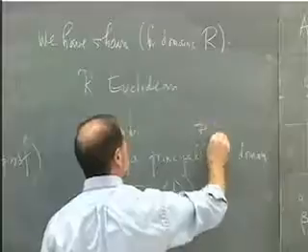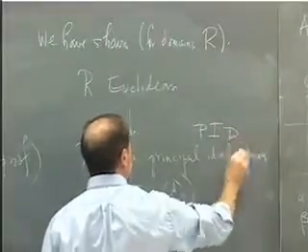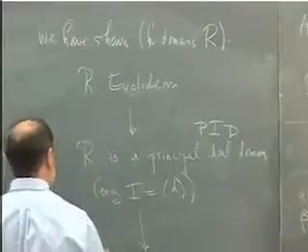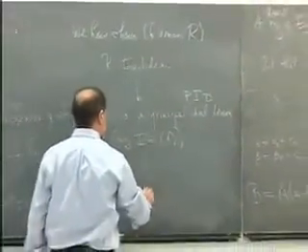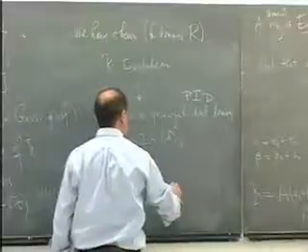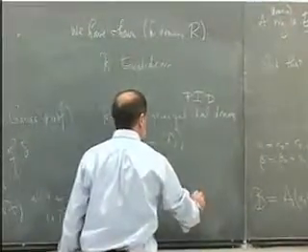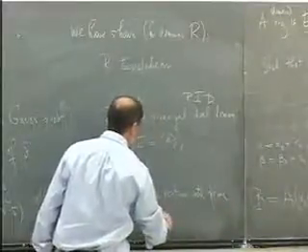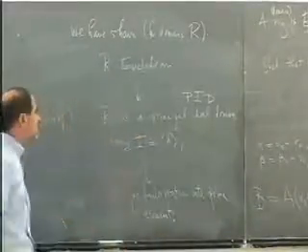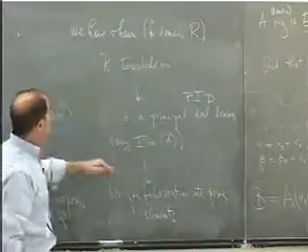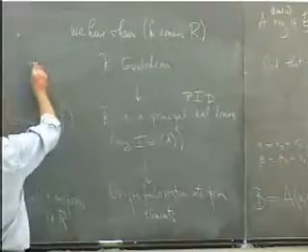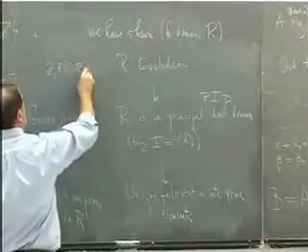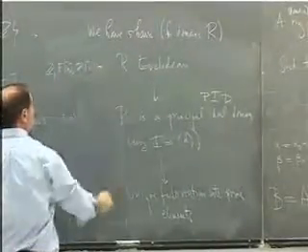Sometimes this is called a PID for short. And then that implies that you have a unique factorization into prime elements. We may have to define what prime elements are, but we have these implications, and we've already got several rings up here, Z, polynomials over a field, and the Gaussian integers, that satisfy this property, and so they have all the others.